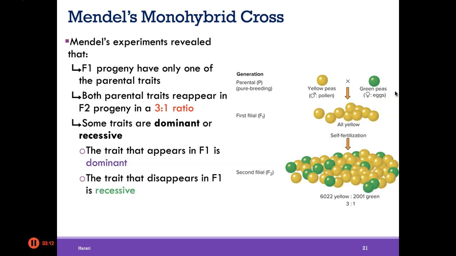So in this case, yellow is dominant to green in the case of seed color. Because the yellow allele, the yellow version of the gene, was more powerful or masked the expression of the green pea color allele. Right? The green allele disappeared in the F1 generation, and we say that is recessive.